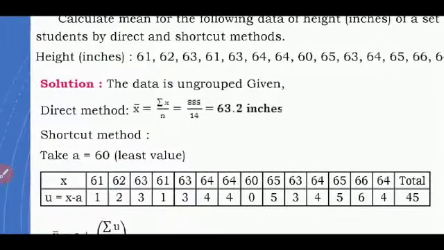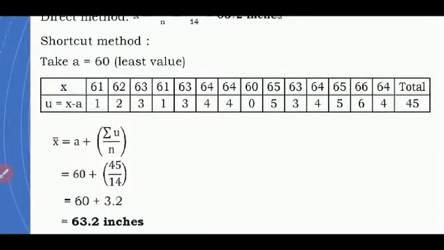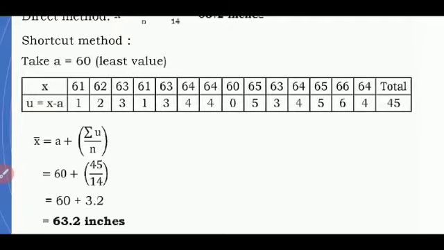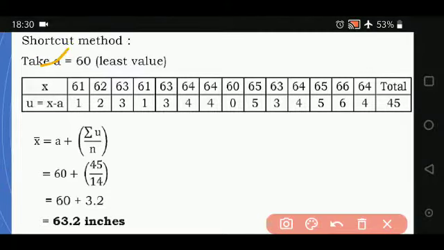Now let us see by shortcut method. What is this shortcut method? In this shortcut method, you have the freedom to take any value as assumed mean a. Means you can choose any value from this range, right from 61 to 64, whatever value you want. You have full freedom.